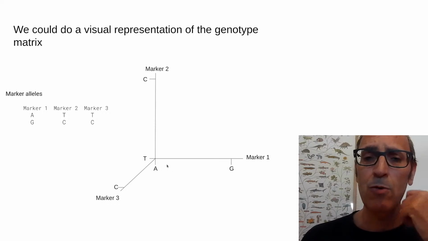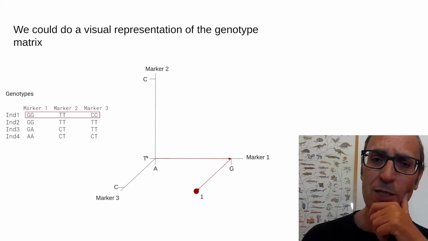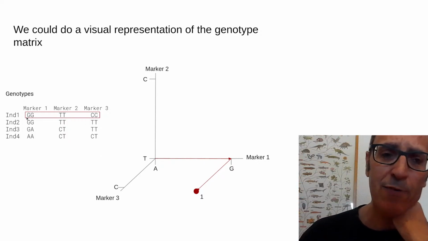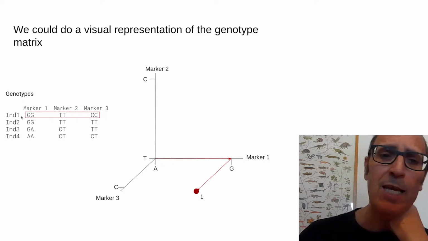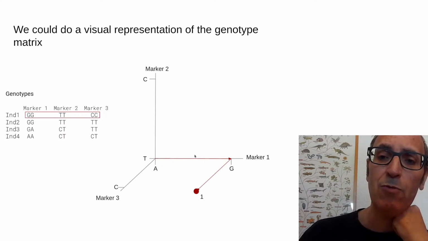If we do that, we can put every individual in this space. We can take the first individual. Imagine that it's homozygous for GG, so it will be in position 2 on the first axis.